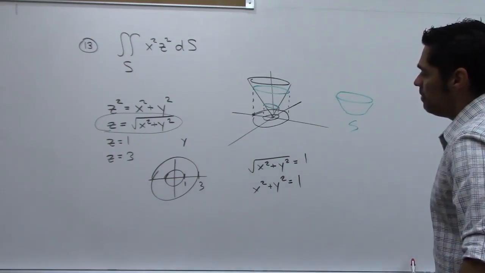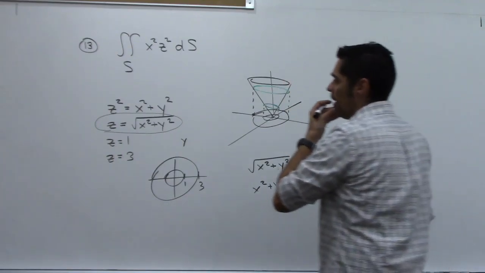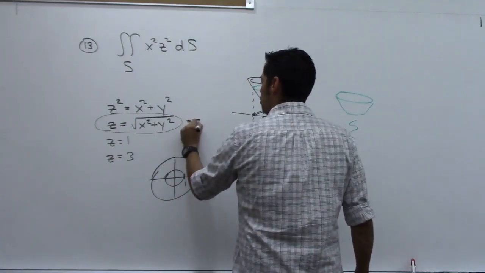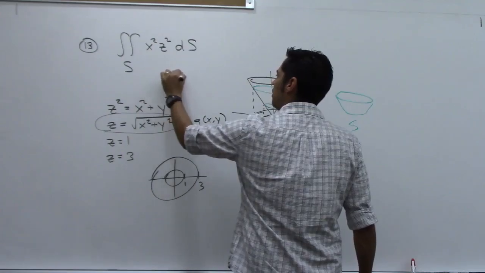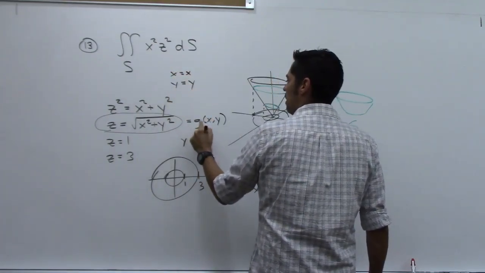I want to see if this is a special case. Can I convert this over? And we can see it is: z is a function of x and y, so this is my g of x, y. Just remember that x will be x here, y will be y, and z will be this.